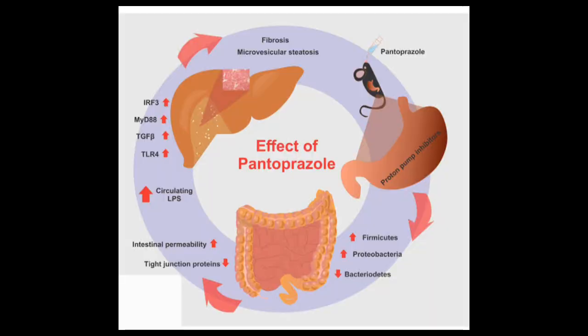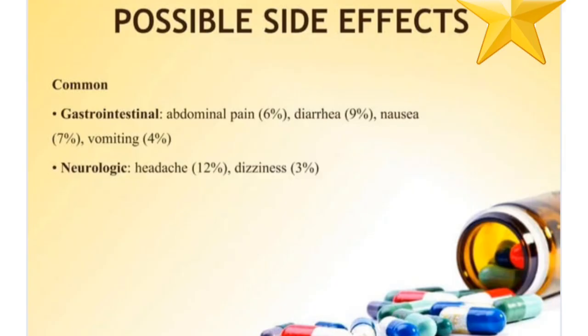But the problem with pantoprazole use, including other PPI omeprazole, is that they can cause a variety of mild side effects and other potential medical issues like nutrient deficiencies. And we are going to talk about those in this video. So let us see what the side effects caused by pantoprazole or omeprazole are.